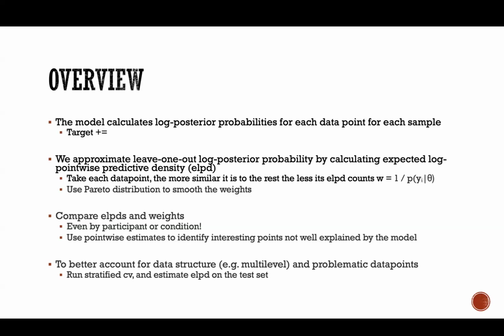So what we might want to do is run actual cross-validation. We know the structure of the data, we set it up. Let's say in the multi-level models that we ran so far, it's the participants. We say, let's do 5 folds. Each fold contains an equal amount of participants. We fit the model on 4 of the folds.